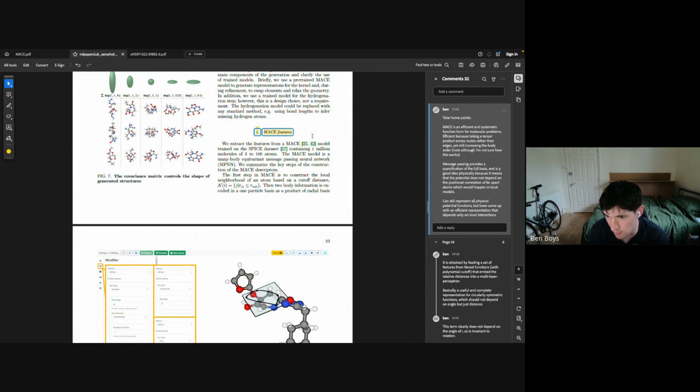And message passing provides a sparsification of this full basis, where basis means you can construct any function, and does not depend on the positional correlation of far apart atoms. But you can still represent all physical potential functions with this basis because it's a full basis.